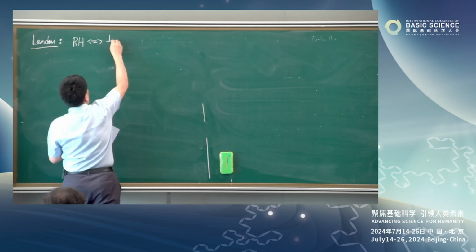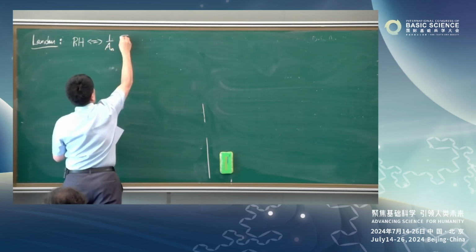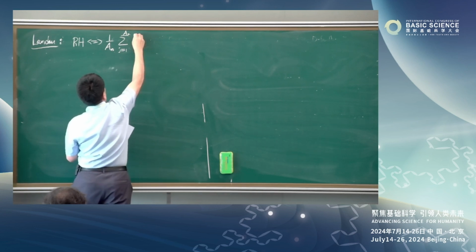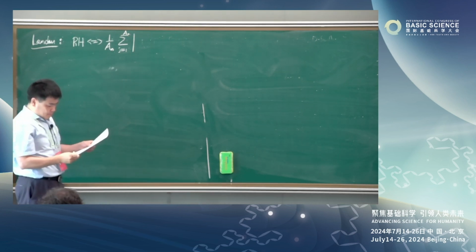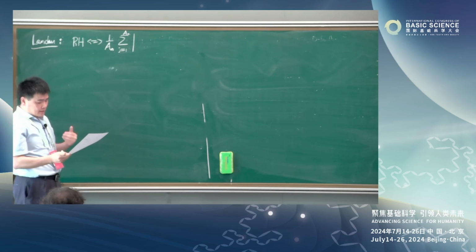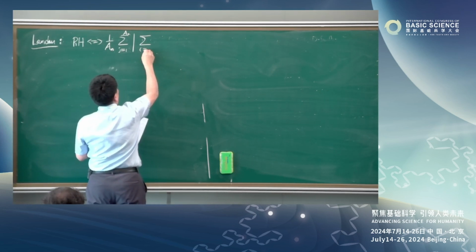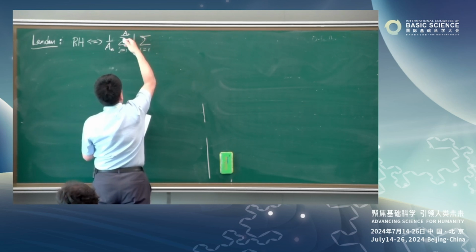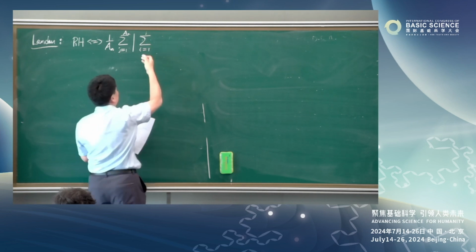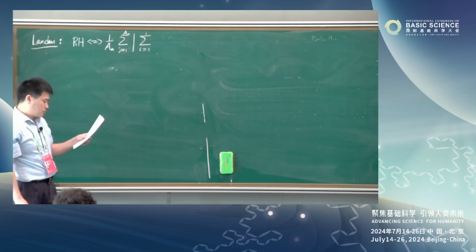And so we conclude that the Riemann hypothesis is equivalent to, so I'm going to take the expression in the sum of the expression for Landau, and write it as a telescoping sum.